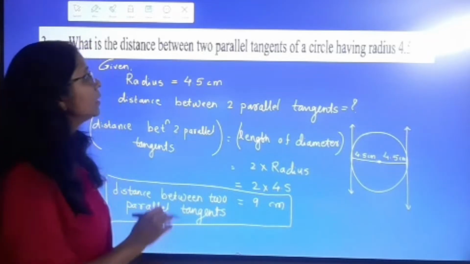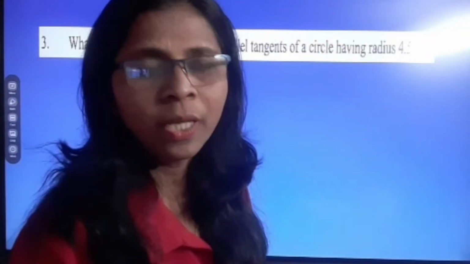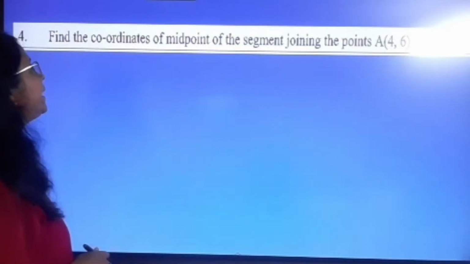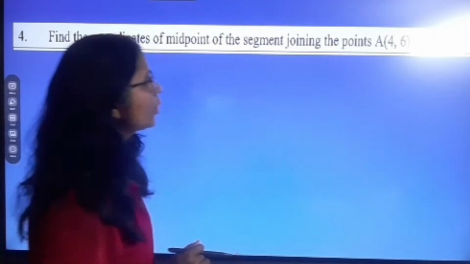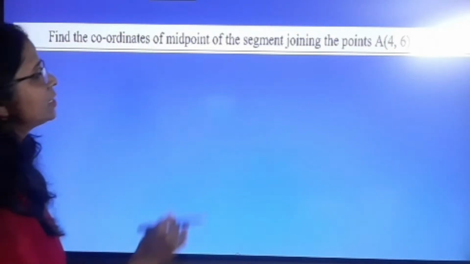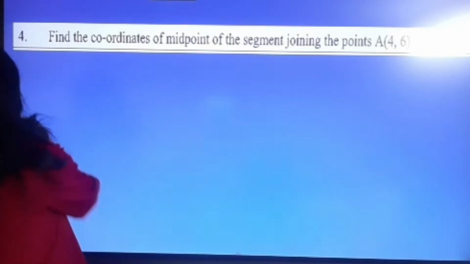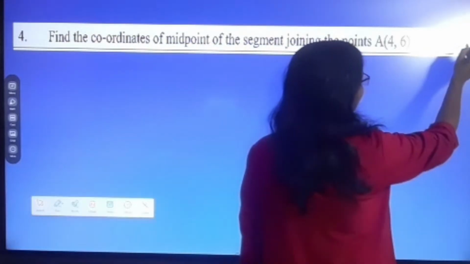Okay students, next example. That is the fourth example. Find the coordinates of midpoint of segment joining the points A(4, 6) and B(-2, 2). Okay students, here it is -2, 2.